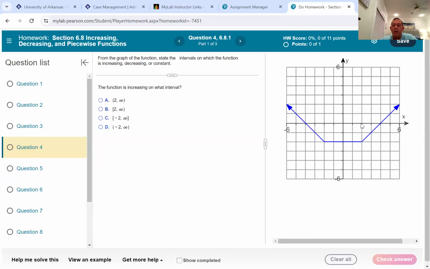And then it's going uphill as my x's go to the right. So this one's headed towards positive infinity. Now remember, intervals have to be in parentheses. So y'all definitely gotta pick A on this one, right? They start going uphill at 2, and it's going uphill as I head towards infinity. So you pick A on that and check your answer.